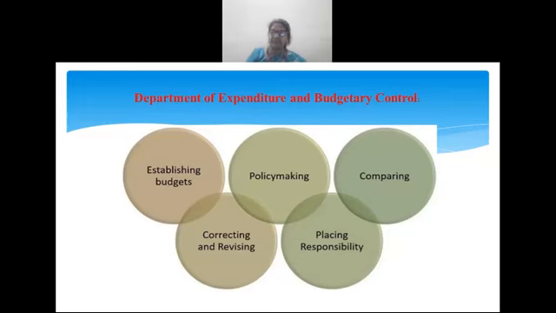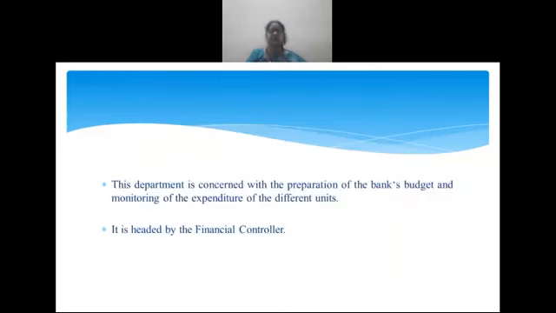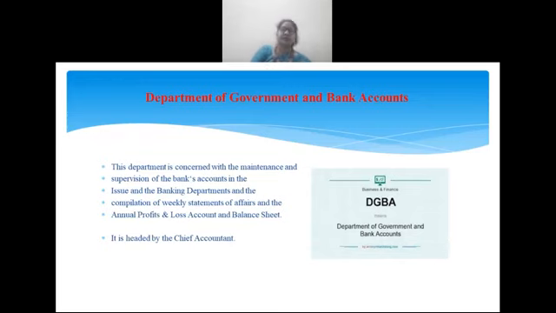These are the major areas of the department. It is concerned with the preparation of the bank's budget and monitoring expenditure, headed by the financial controller.